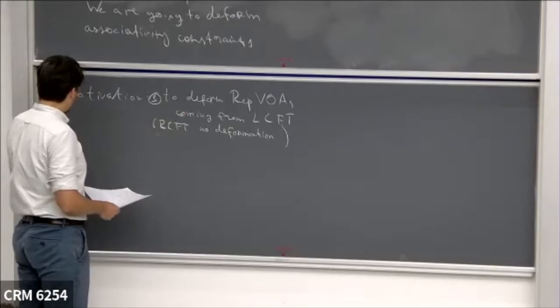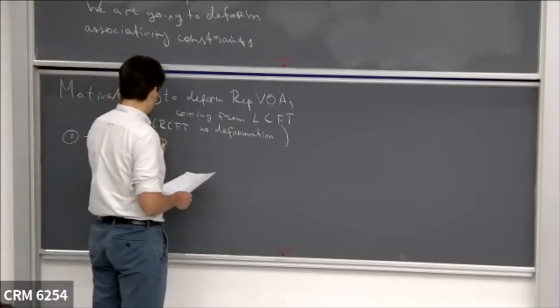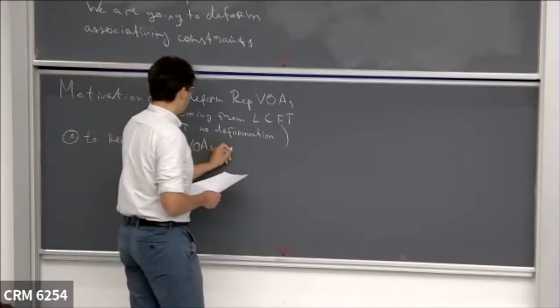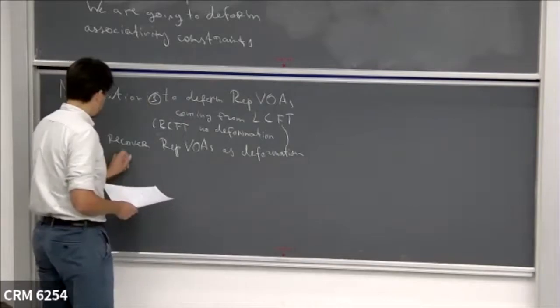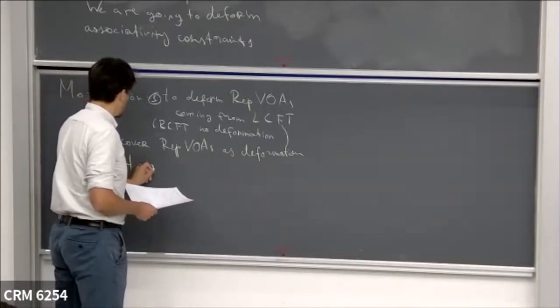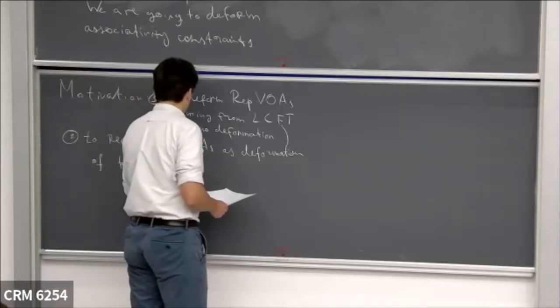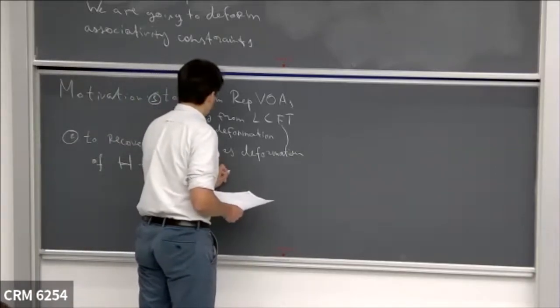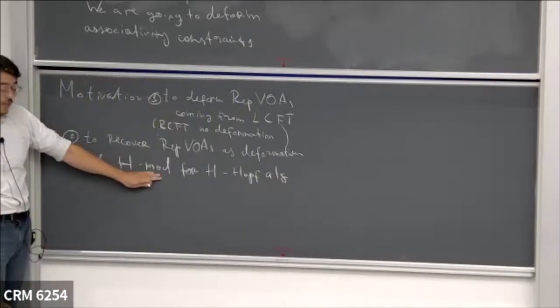The other motivation is to recover Rep U_q as deformations of some nice categories coming from Hopf algebra theory, H-mod, for H some nice Hopf algebra. On this side, my associativity constraints are basically trivial, basically identity maps from the Hopf algebra.